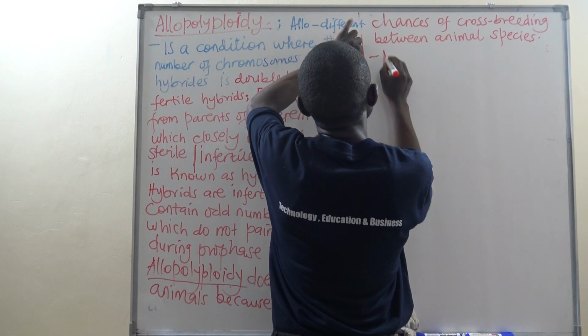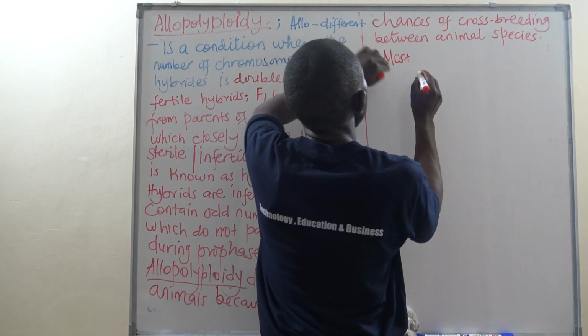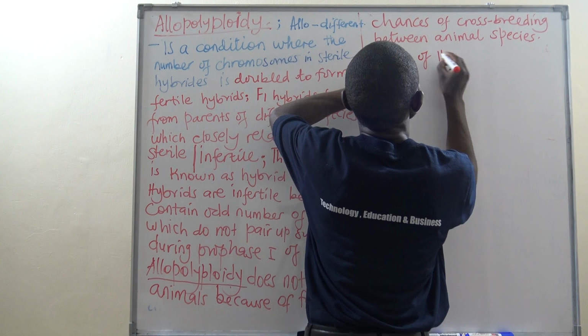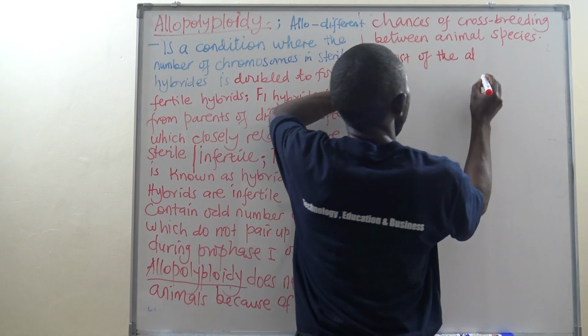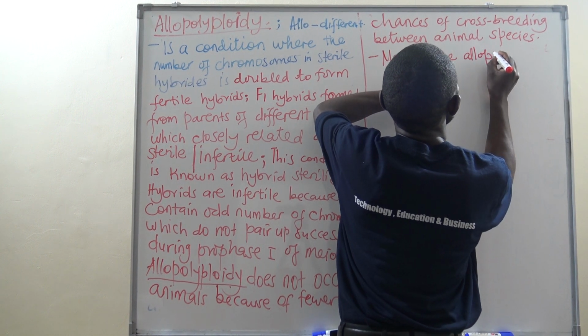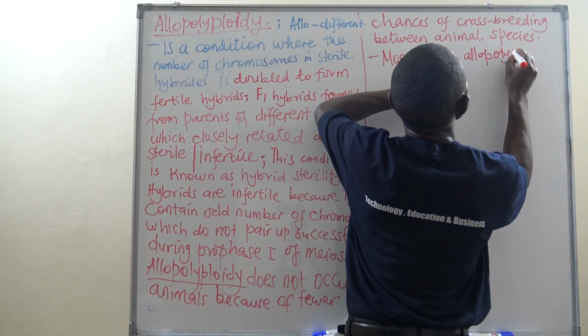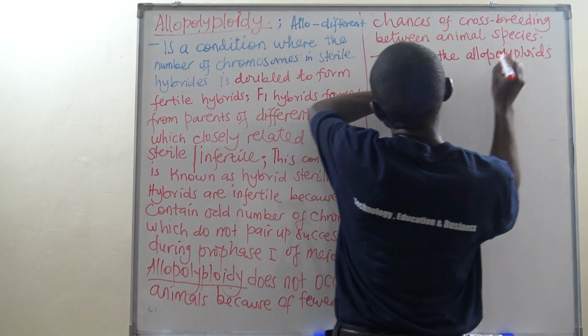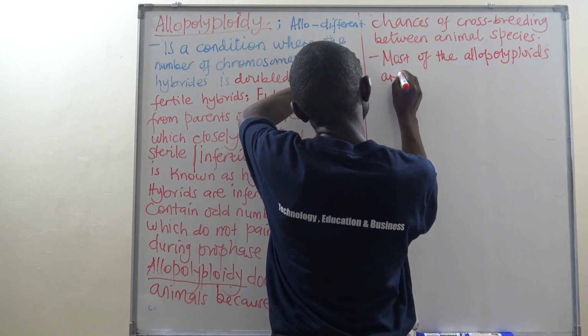So most of the allopolyploids are diploid.